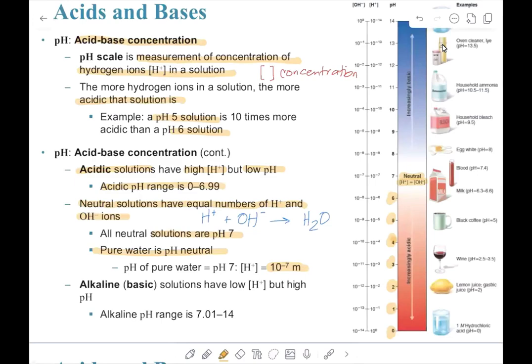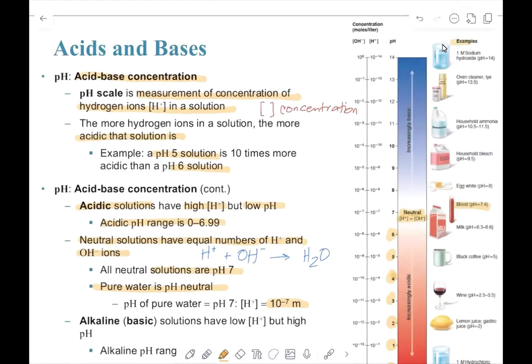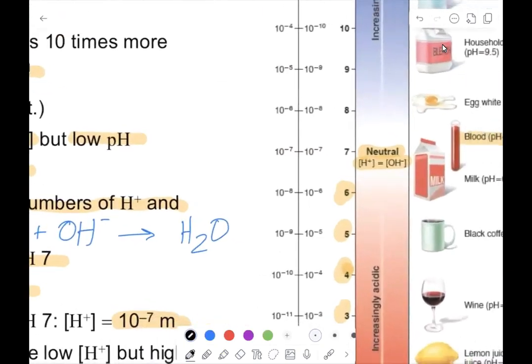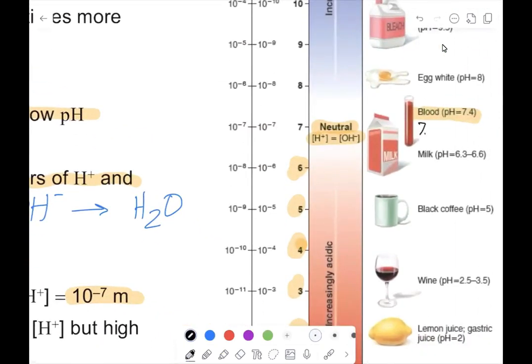One specific, you should know all of the examples that are on the right side of this diagram here, specifically that of blood. Blood is going to have a pH range between 7.35 and 7.45.